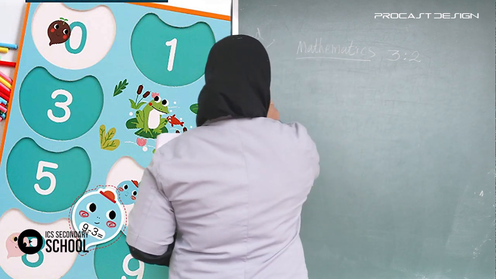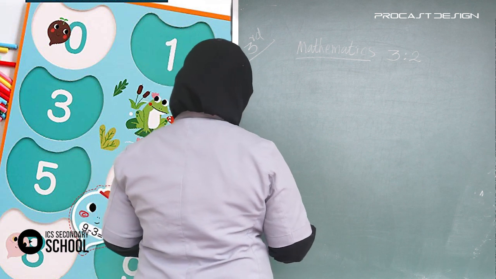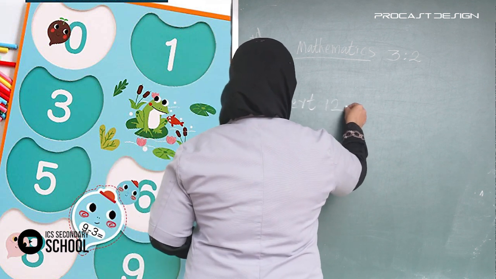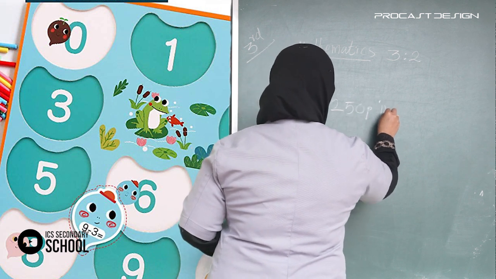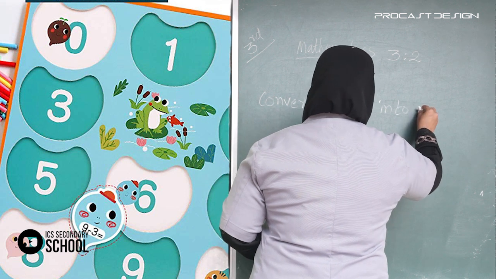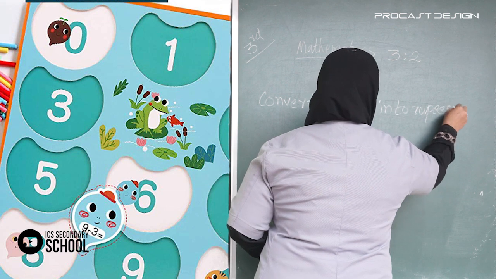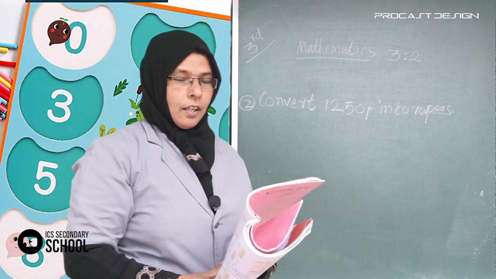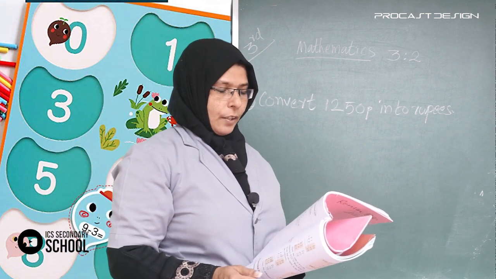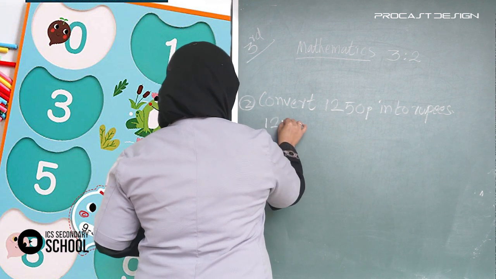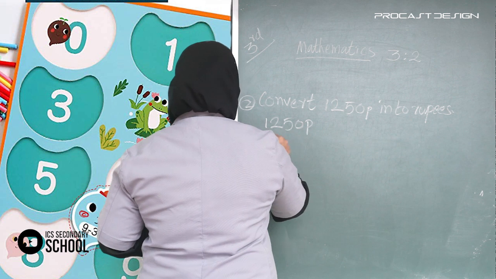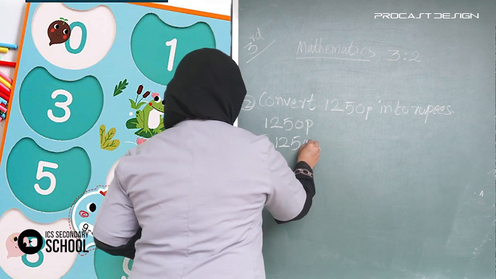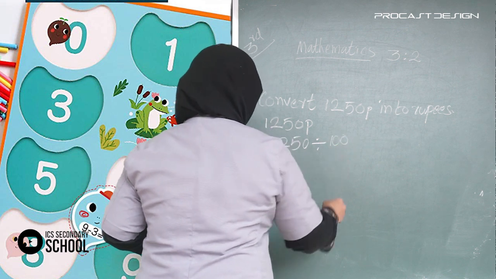Next, convert 1250 paise into rupees. All of you listen carefully. 1250 paise is equal to 1250 divided by 100.